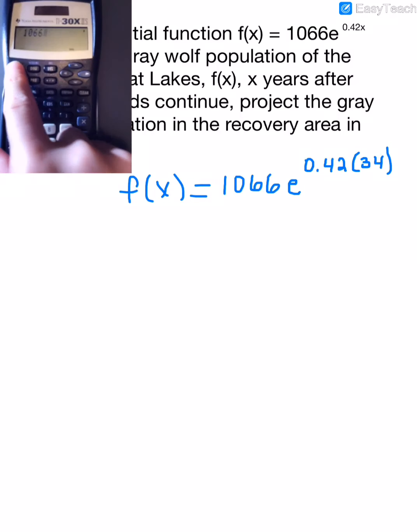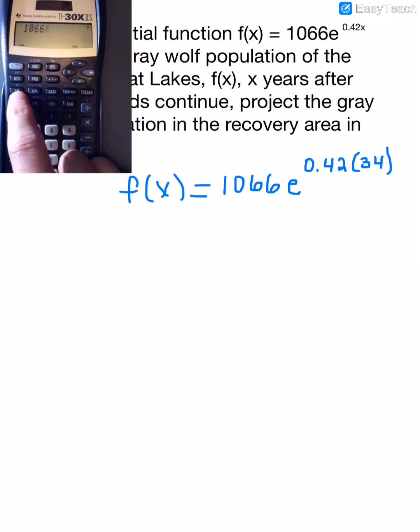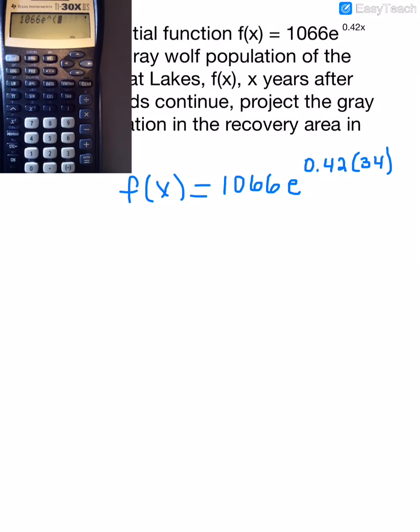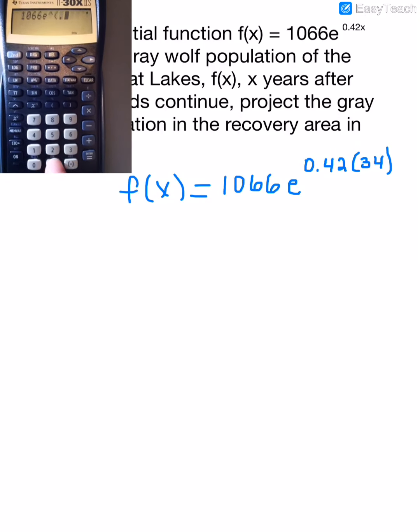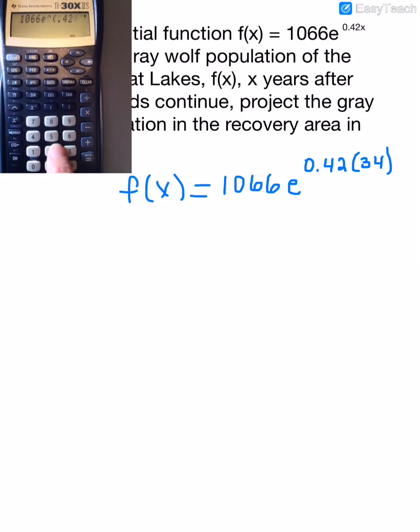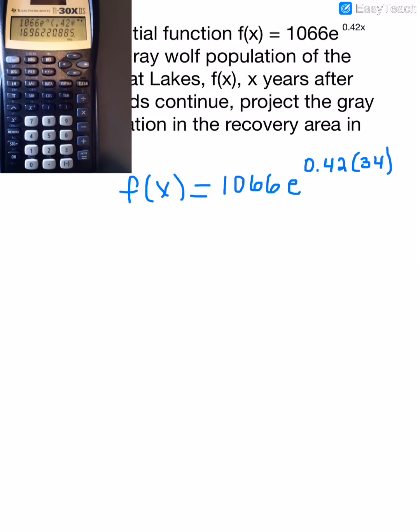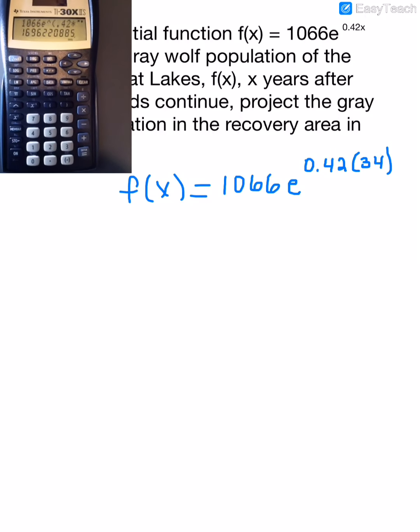So to get to that, you press the second button and then press the LN button, and that gets you to e to a power. If you'll notice, it typed in e and it already did the caret key, which means it's raising it to a power. So then we put in 0.42 times 34, close our parentheses and hit enter, and we get the same amount that we did earlier.